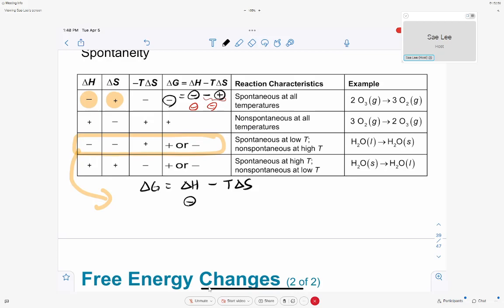If entropy is negative, this portion is going to be positive, right?